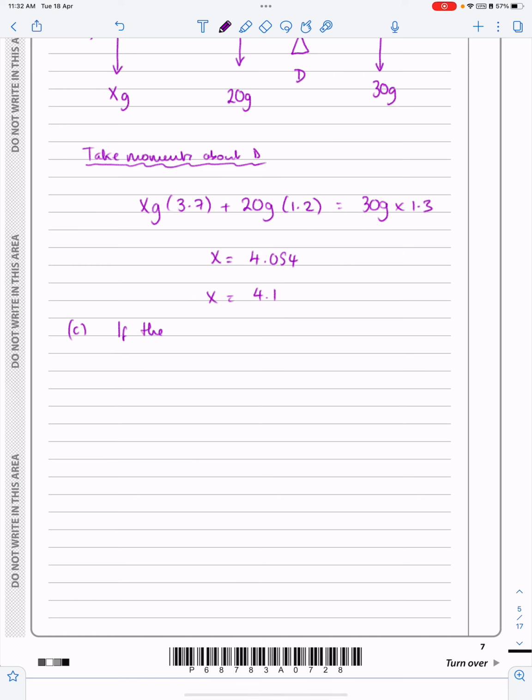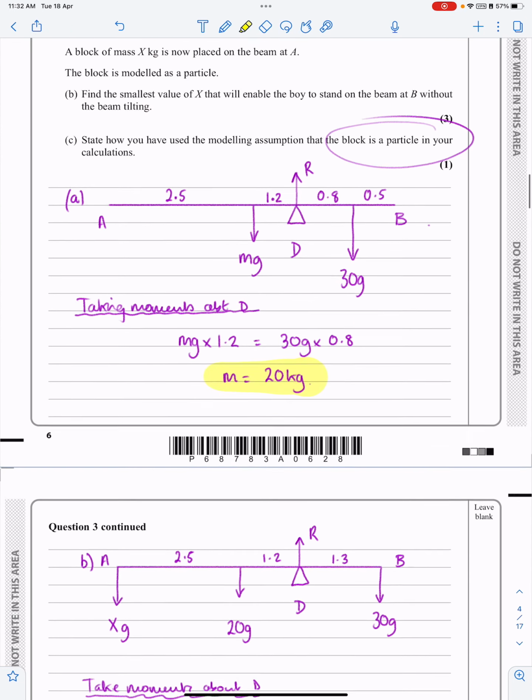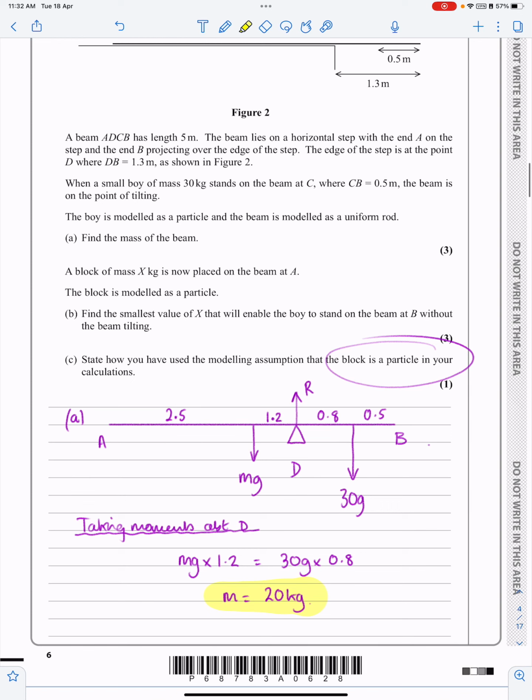If the block is a particle, and then this is what they want, the mass acts at a single point. And that bit there is what I'm looking for in my answer. Mass acts at a single point. Okay, hopefully that makes sense.